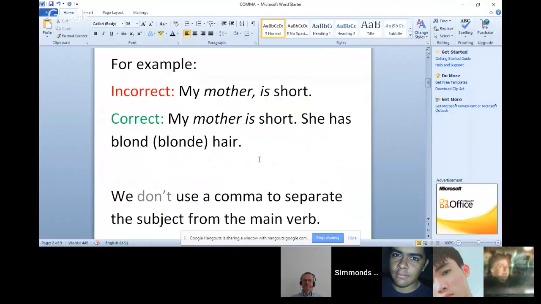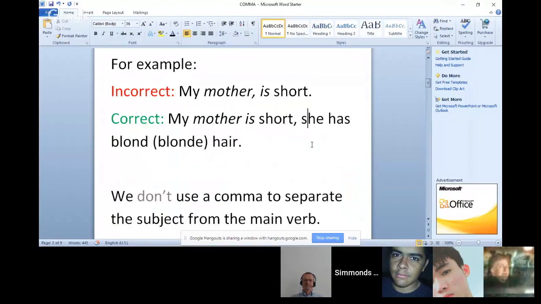Now, with a more advanced person who's more familiar with the English language, we would say, my mother is short, and she has blonde hair if you want. Or what we can do is just use a comma. When we say this, we don't distinguish which one we're saying, but it doesn't matter.